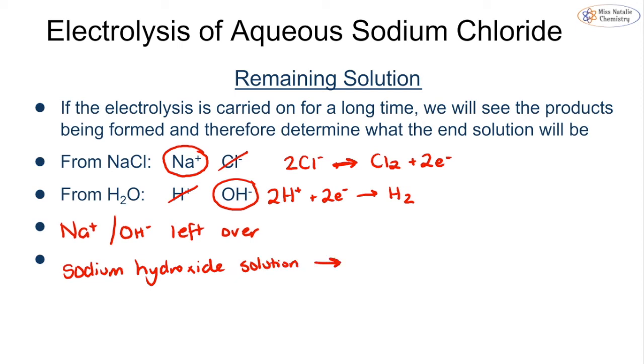So our remaining solution is alkaline, because we have that NaOH in that aqueous solution, because we've lost the hydrogen, we've lost the chloride to form the hydrogen gas and the chlorine gas, and what's left over is sodium hydroxide. So we have an alkaline substance, which we could test with universal indicator, and we would see a blue or a purple colour. And that just confirms that we make that substance.